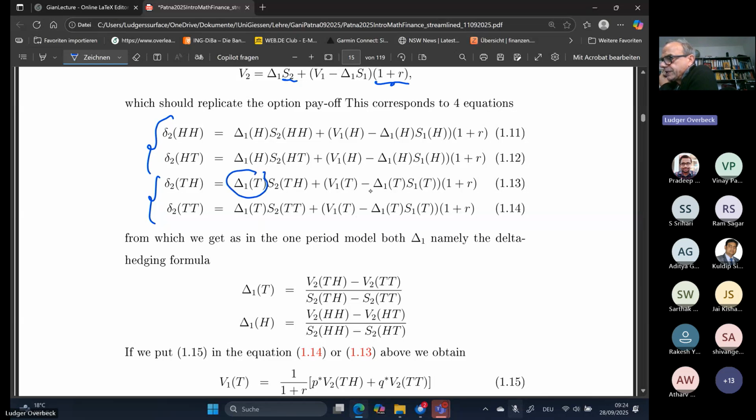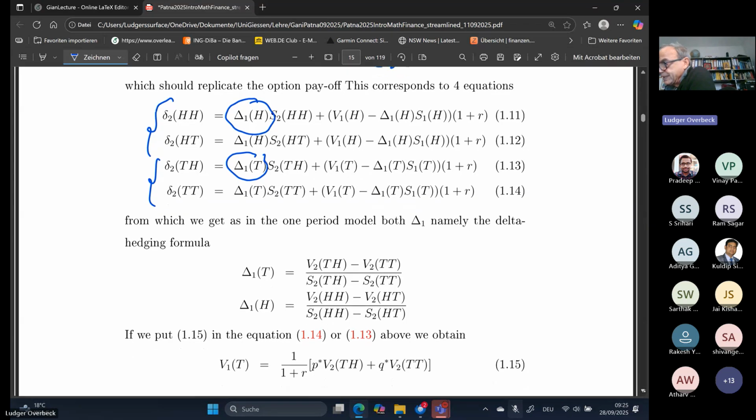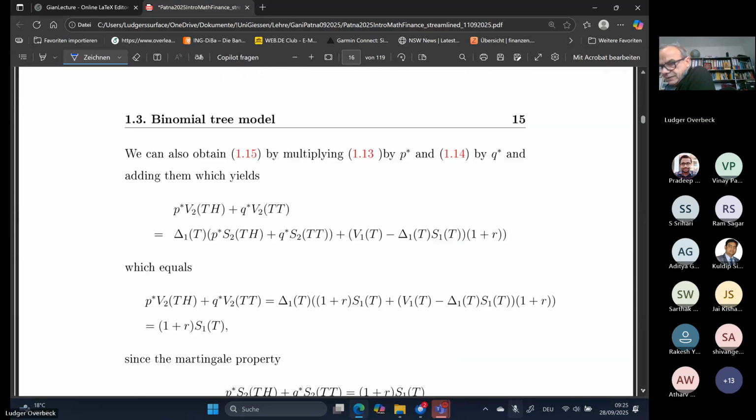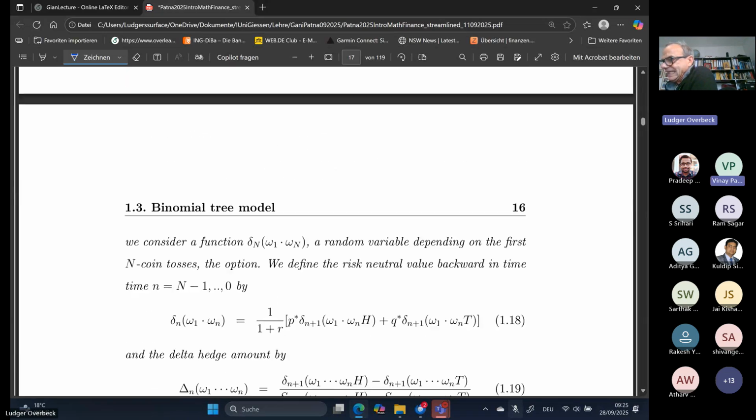You have 2 equations for delta 1 T and 2 equations for delta 1, so you always get the delta 1. It's always a discrete derivative, if you like, a mathematical derivative, and so on.